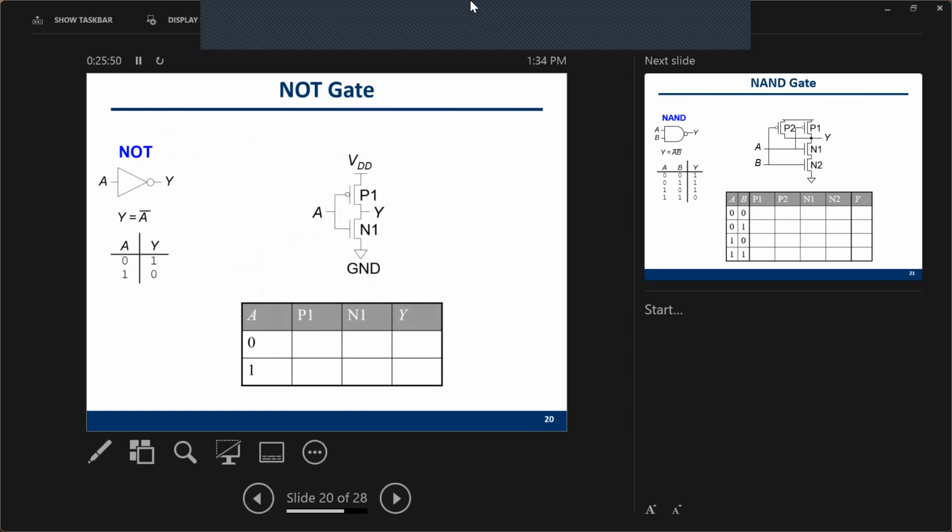So this is the truth table of the NOT gate. This is the logic gate. These are the knowledge you learned in the previous lecture. But in this lecture, we will try to analyze the status of each MOS here.